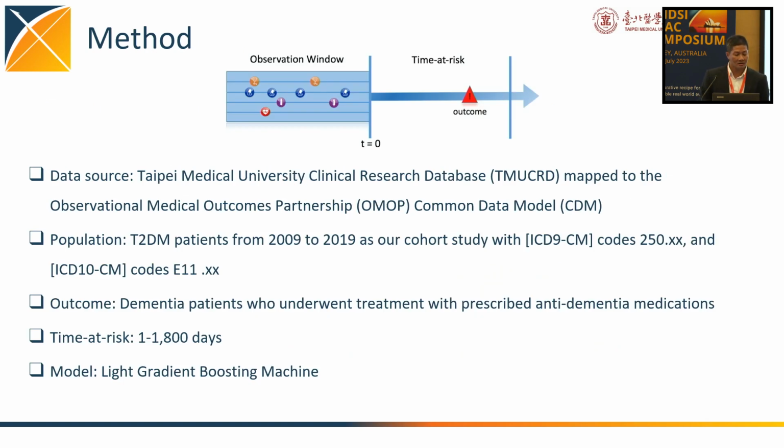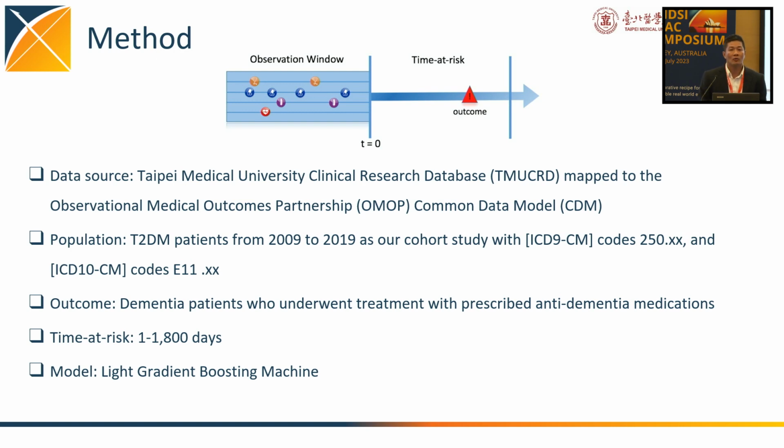For our methods, the data source is the Taipei Medical University Clinical Research Database, so-called TMUCRD. The TMUCRD pulls electronic health record information from 3 affiliated hospitals under the umbrella of TMU, and we mapped it to the OMOP CDM.